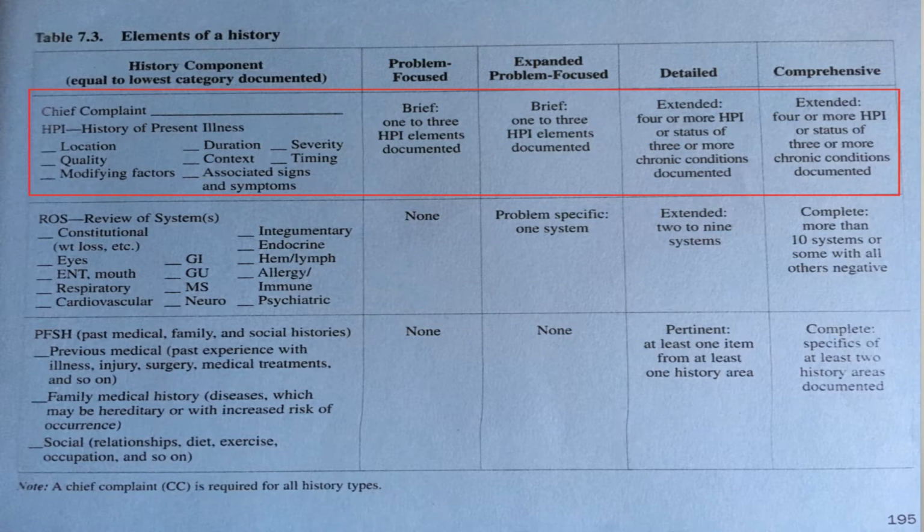I don't know. Also, what's confusing is expanded problem-focused is also 1 to 3, so I don't know what the difference is with that. Detailed would be 4 or more elements of the history of present illness, or a status of 3 or more chronic conditions that were documented. Comprehensive would be, which is the same as the other one, so 4 or more history of present illness elements, or status of 3 or more chronic conditions.